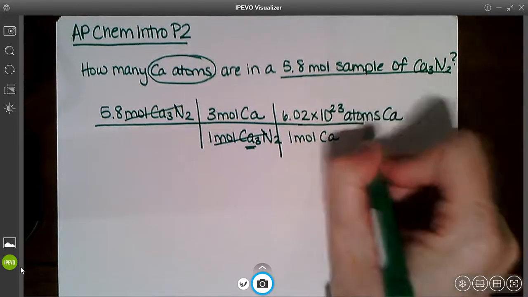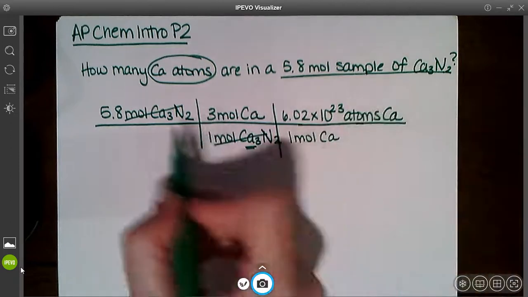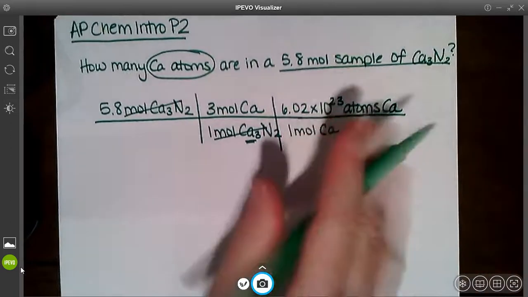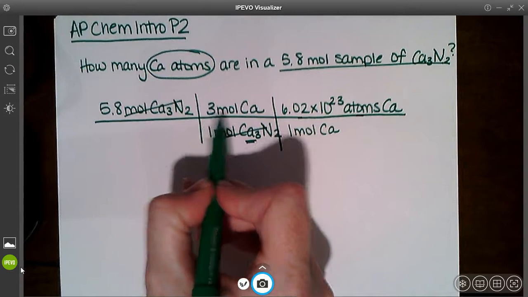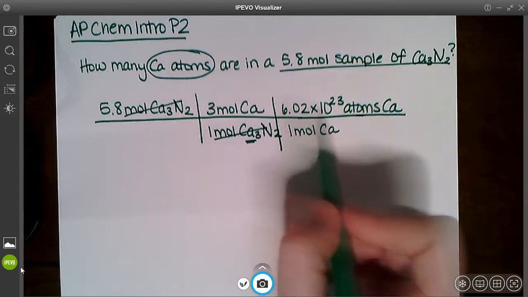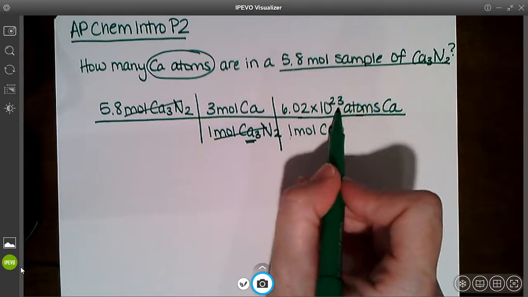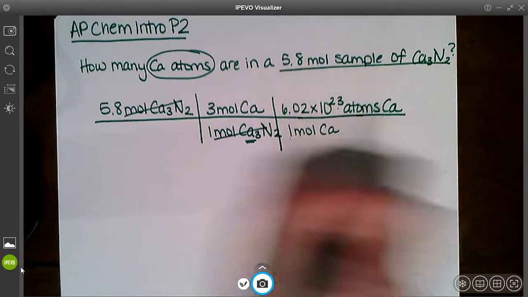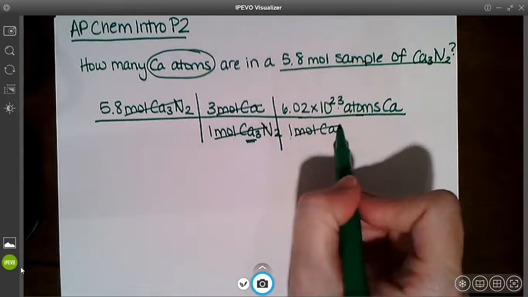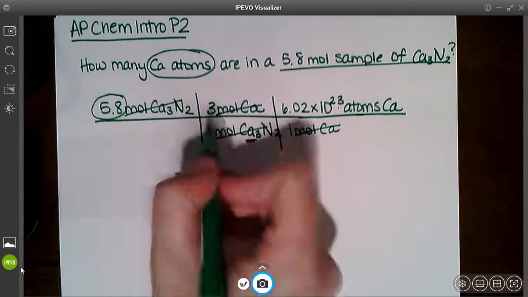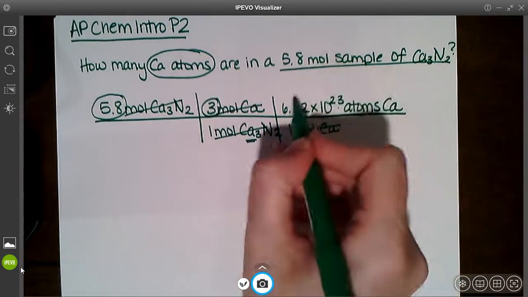One of the big things is making sure every piece of this has 3 parts to it: how much, how you're measuring, and what you're measuring. Moles of calcium, moles of calcium. Go ahead and circle the things you have left that aren't 1.